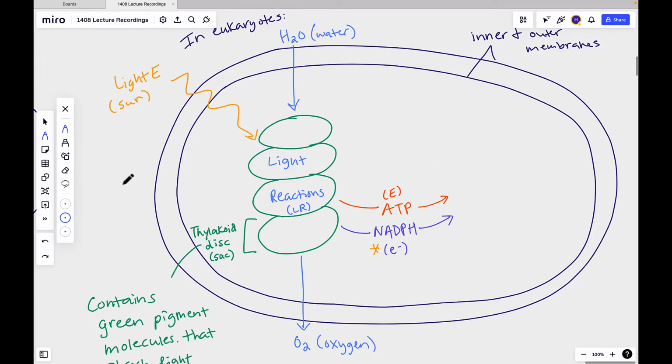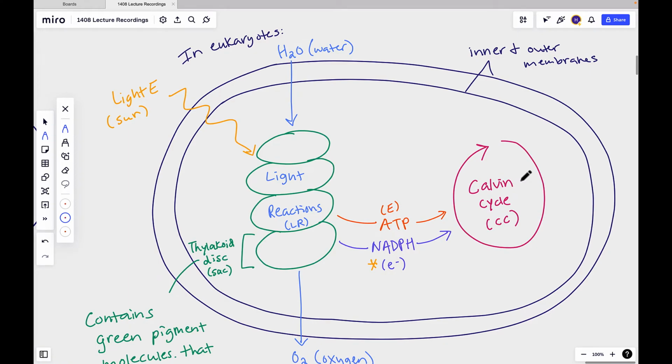The process that is going to use the ATP and NADPH in order to build the carbon compounds is a cycle. If you've watched, there's a video that's the carbon cycling, and one of the cycles is the Calvin cycle. Let's draw it like this. I'm doing it as a loop because that's showing it's a cycle, which just basically means it starts and ends with the same molecule. So this is the Calvin cycle, CC for abbreviation.